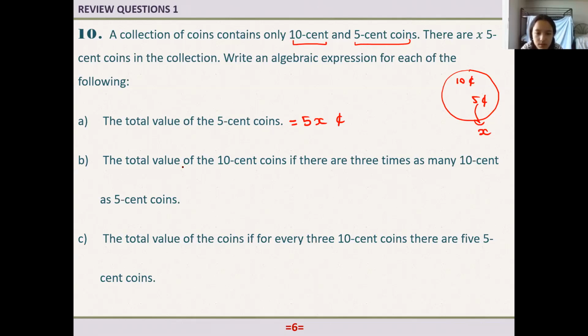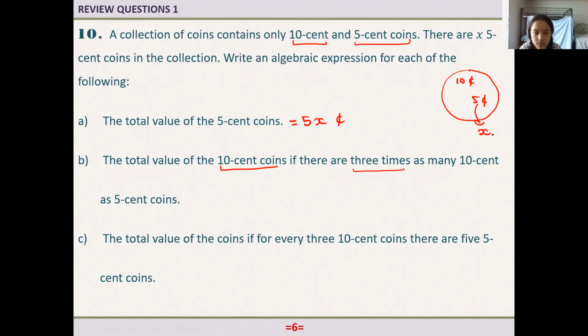Now in the second question, it says the total value of the 10-cent coins, if there are 3 times as many 10-cent coins as 5-cent coins. What does it mean? It means actually here we have more 10-cent coins than 5-cent coins.